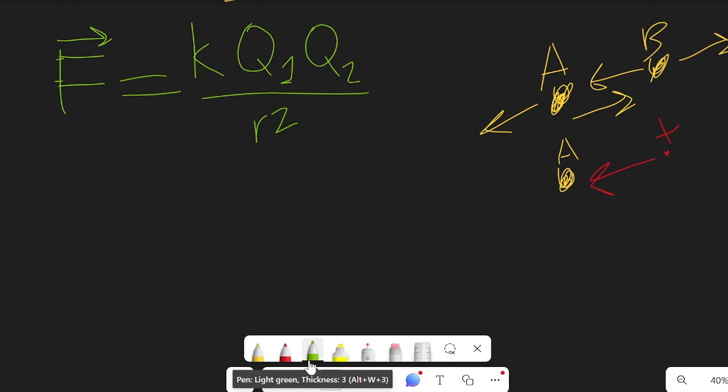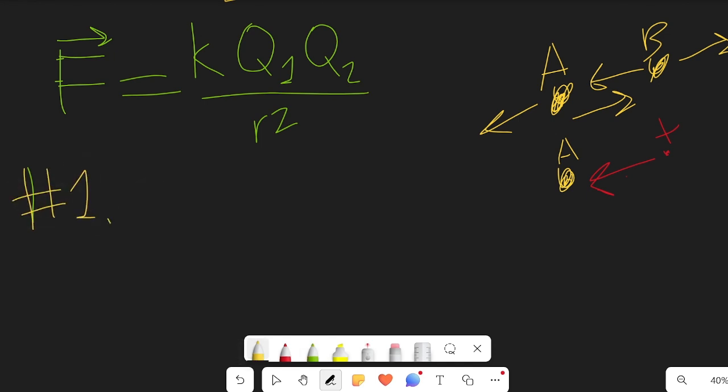Yeah, so to go from force to electric field, essentially what we'll do is remember that force is equal to Q times E. So we're going to use our first golden equation to help derive this, right?